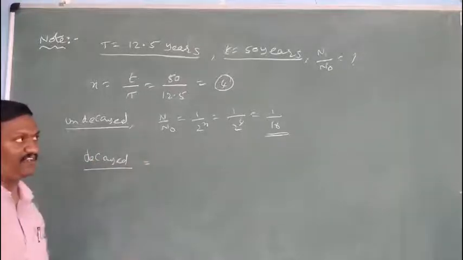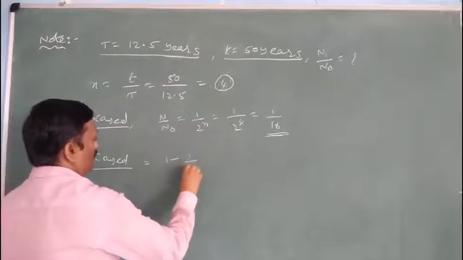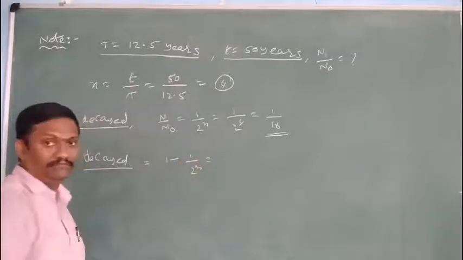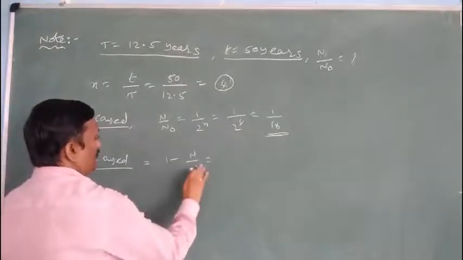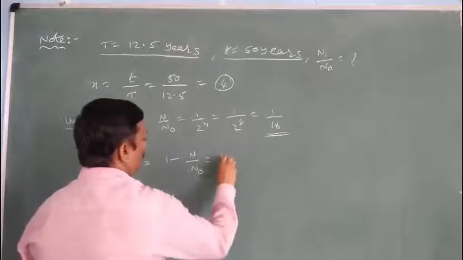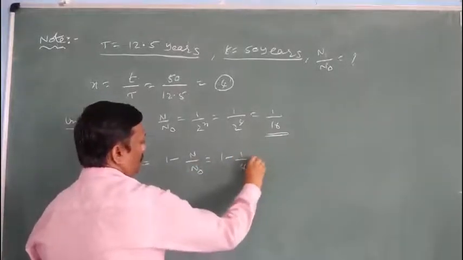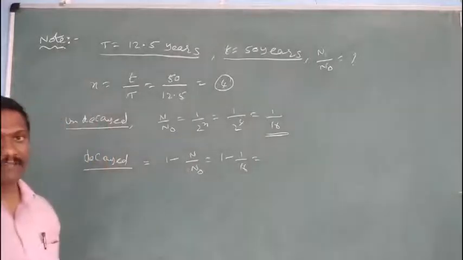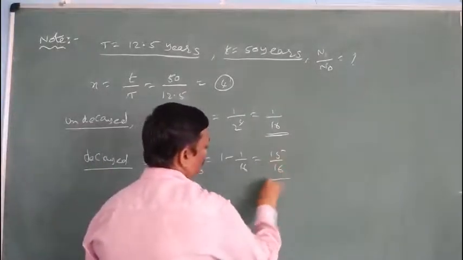Now what is the formula for the fraction of atoms decayed, meaning the remainder? It is 1 minus 1 by 2 power n, or 1 minus N by N naught. With the value 1 by 16, 1 minus 1 by 16 means 15 by 16.